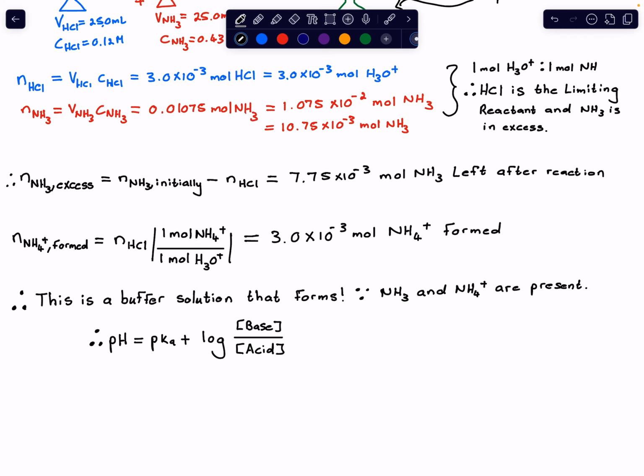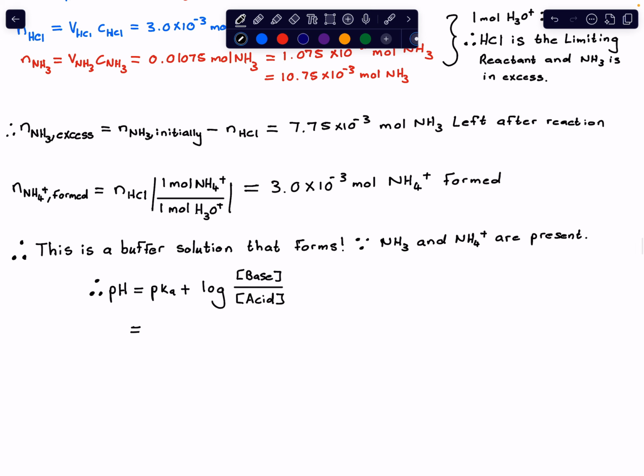Now, you can directly use the number of mole of each of these species, but we can quickly calculate their concentrations. So let's substitute in everything. This means we take minus log of the Ka value, plus log of the base, which is NH3, over the acid, which is NH4 plus.